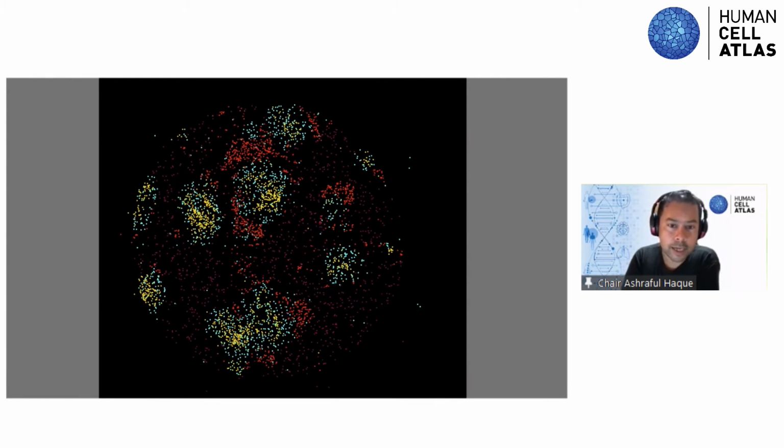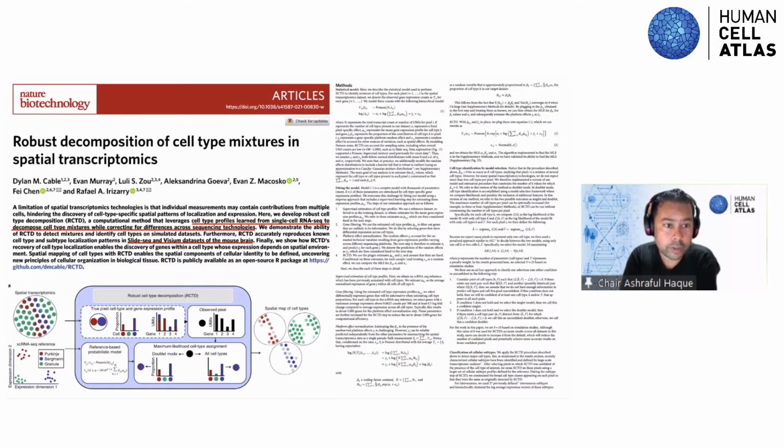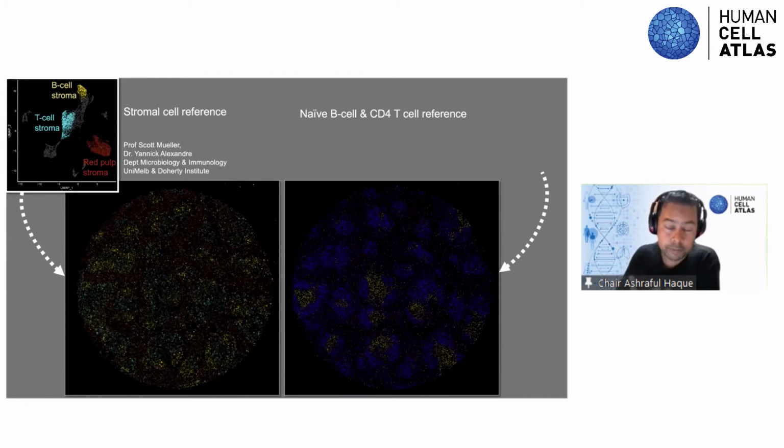In order to do that, we again used some packages developed by Fei's lab and others at MIT. The one that we favored is called robust cell type decomposition. And that allows you to model the transcriptome of each bead as a linear combination of different cell types. And by doing that, maybe we can make sense of the data.